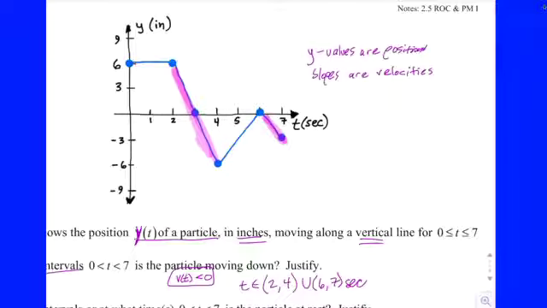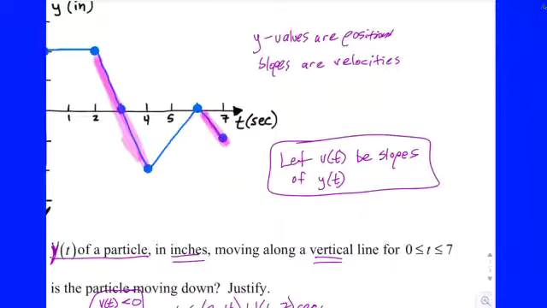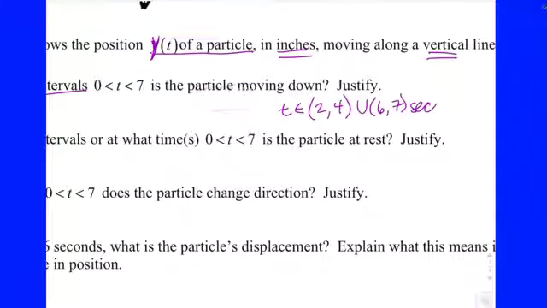You can make one blanket statement up here, let v of t be the slopes of y of t. If you say that up here one time, now when you refer to v of t being negative down below, that's good, because that means the slopes are negative. Otherwise, you have to say this.